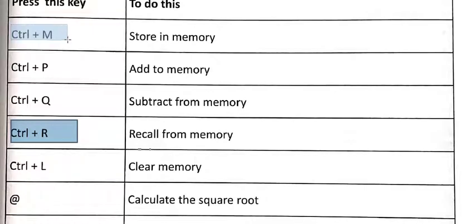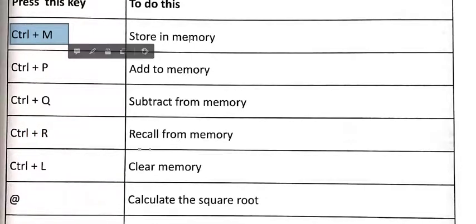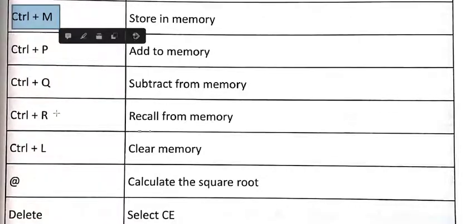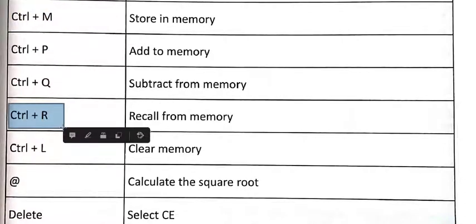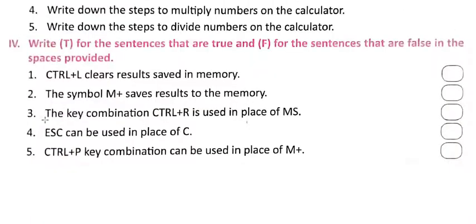And Control plus M shortcut key is used to store any number in memory. It means this shortcut key is the alternative of MS button. So, Control plus M can be used in place of MS button and Control plus R can be used in place of MR button. So, this number 3 statement is false.